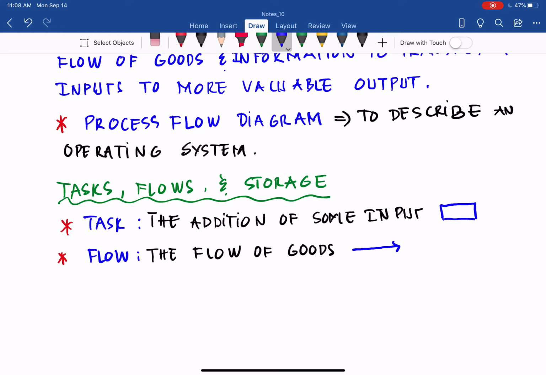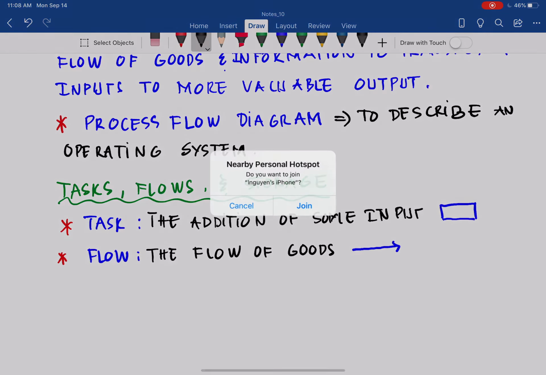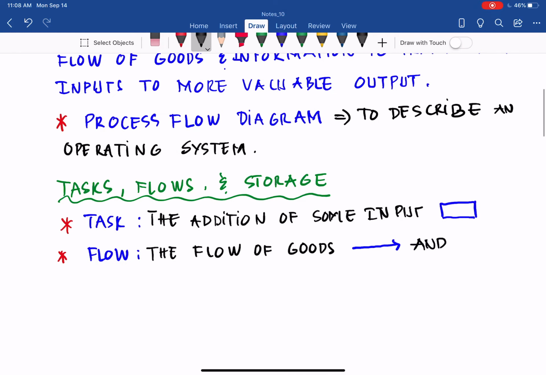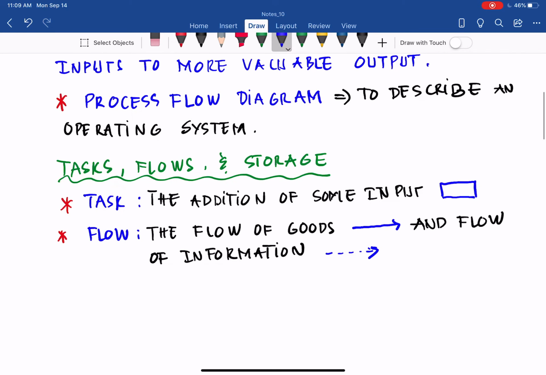And for the flow of information, where no physical goods go through, only information, to differentiate we represent it with an arrow, but in a dash. So the flow of information is a dashed arrow, and the flow of goods is a solid arrow.